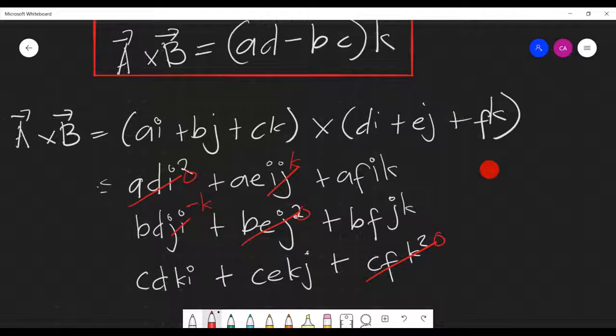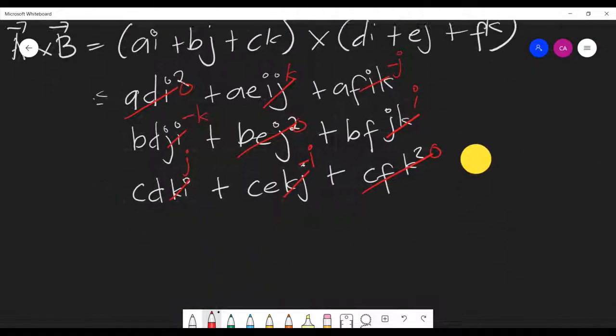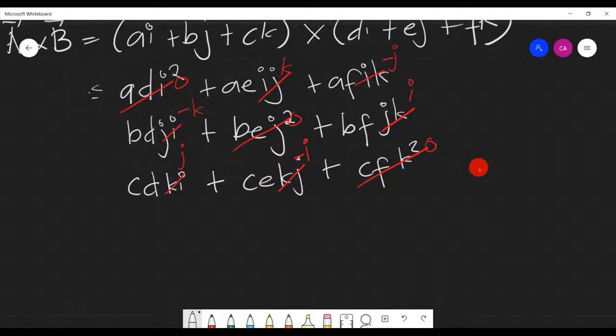Okay? jk is positive i, then kj is negative i. Then ki is positive j, then ik is negative j. Okay, so magiging ang itsura is AE yung una, so magiging k, so palitan natin yung kulay. k yung kanyang location.